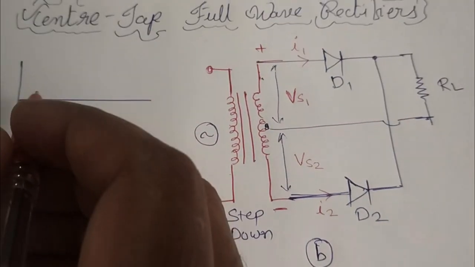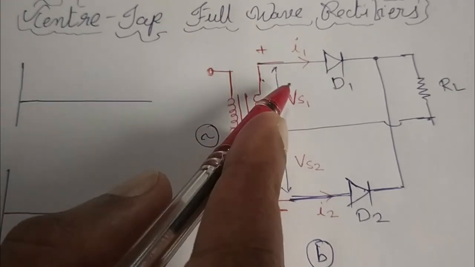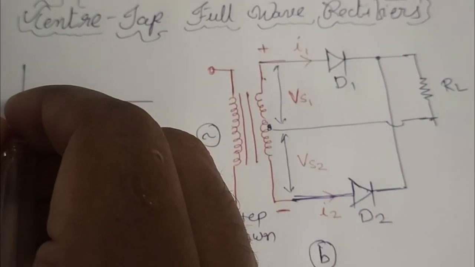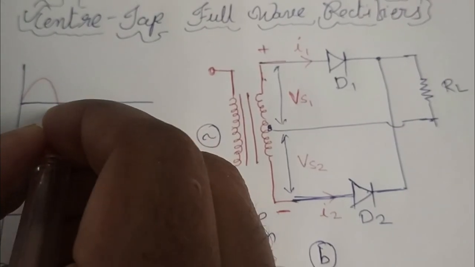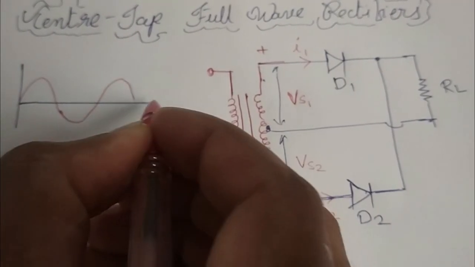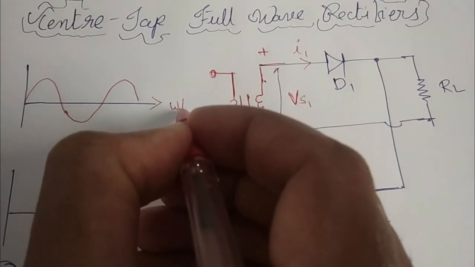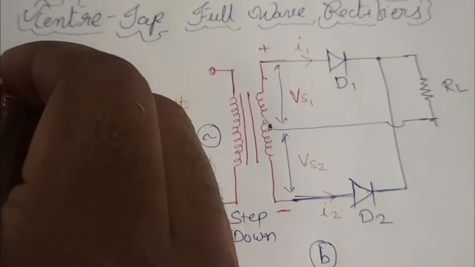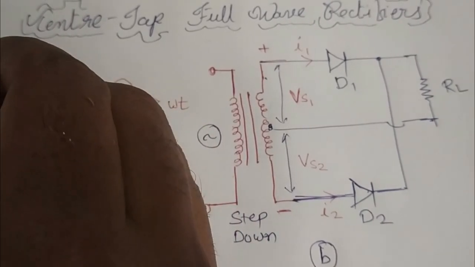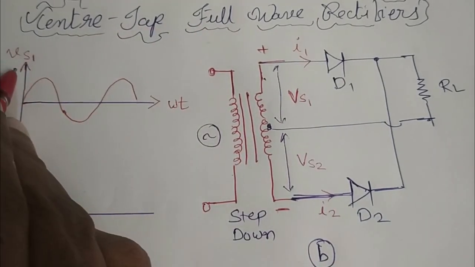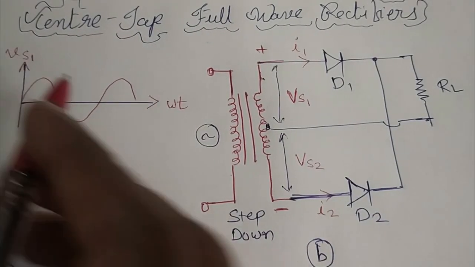So VS1, the supply voltage at this half part, will have a sinusoidal signal, say like this, right? And our x-axis is omega t. This vertical axis is voltage or current. So this is for diode 1, and we are calling it VS1.